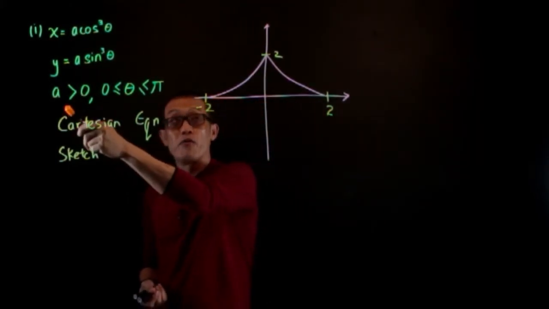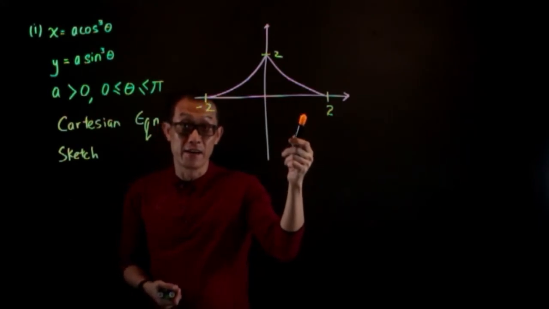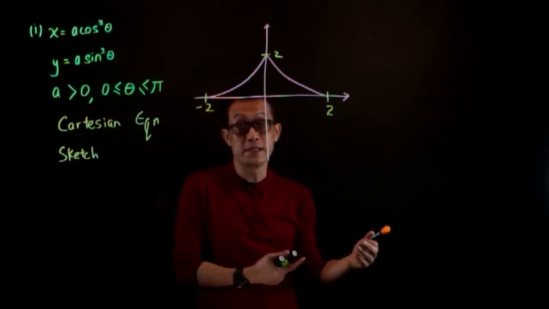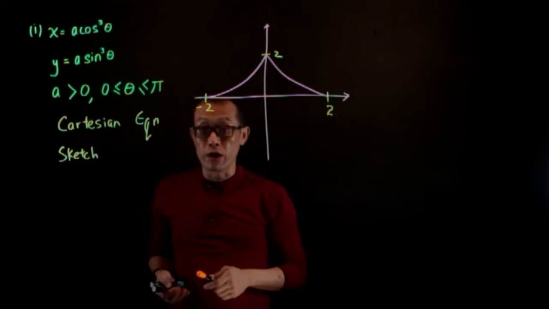So we suspect where it cuts the x-axis is a, because we keyed in the value a is 2, but this is only what we suspect from how the graph looks.